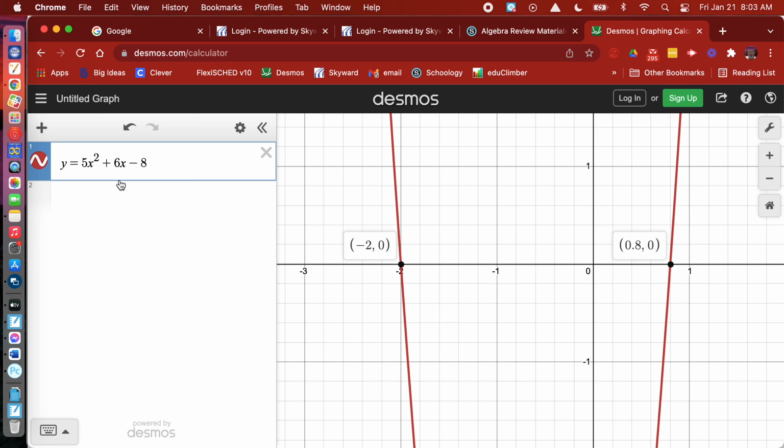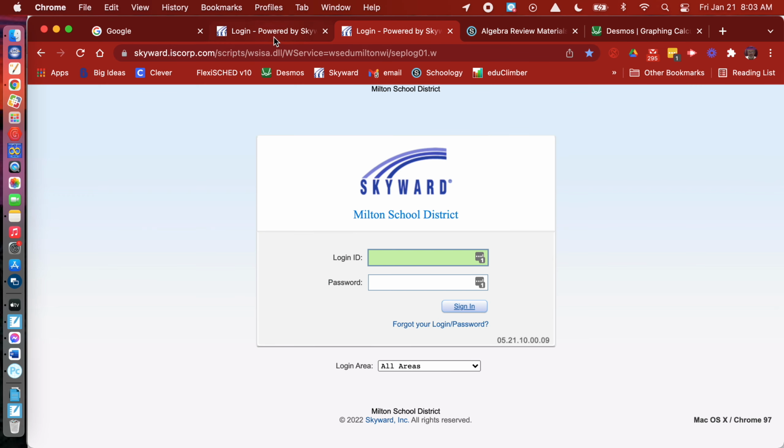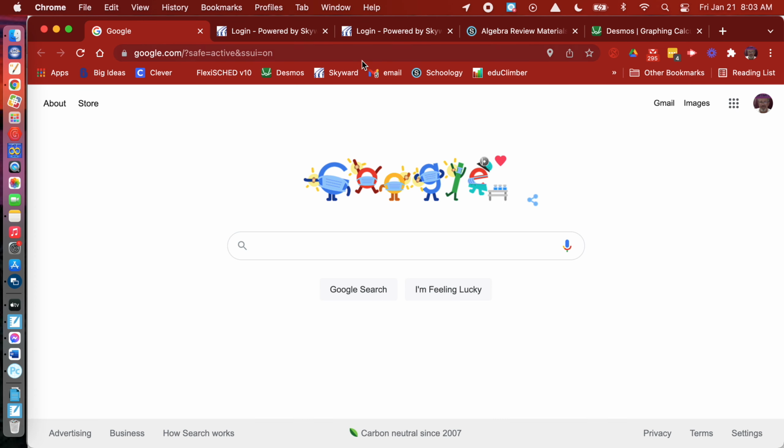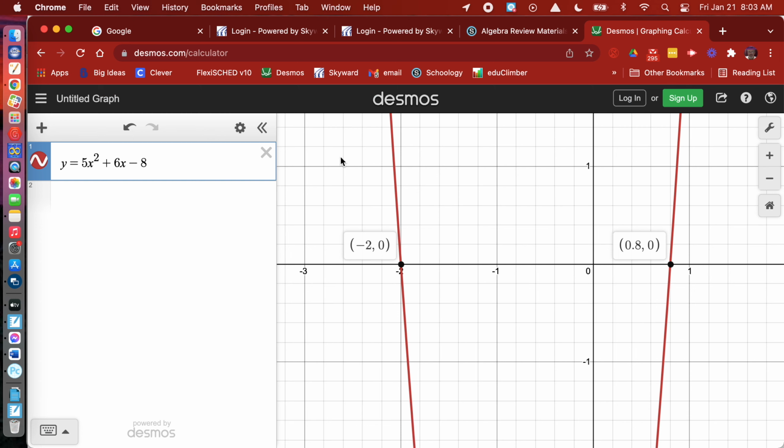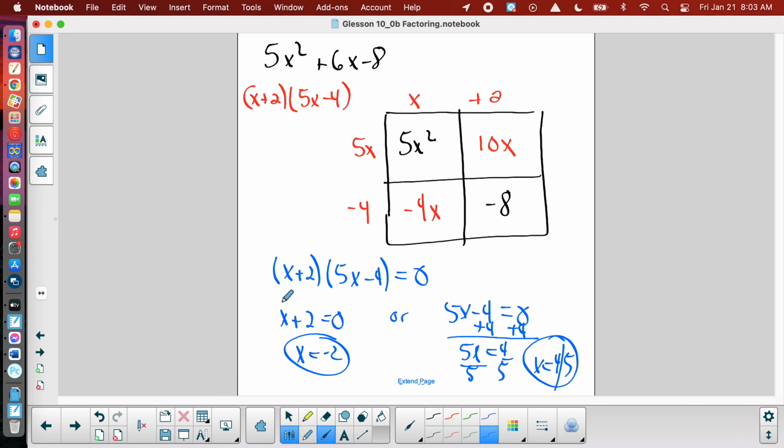And there are lots of applications to that. Lots and lots and lots. So, as we're factoring polynomials today and solving those polynomials, remember always that there is a connection between that and graphing.